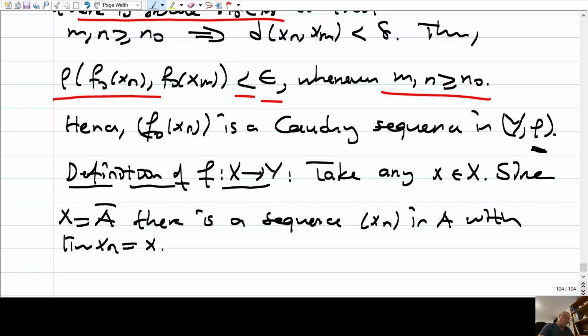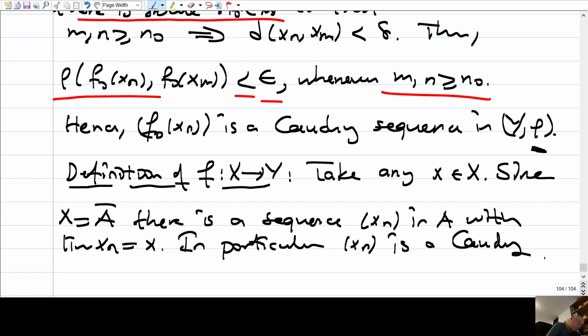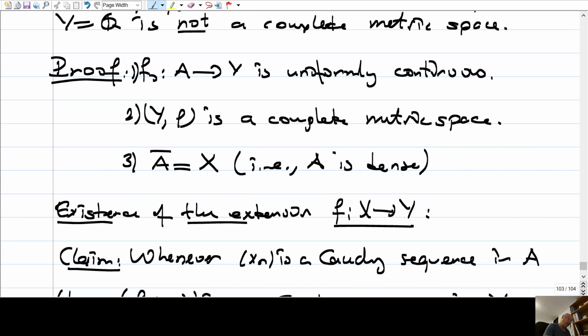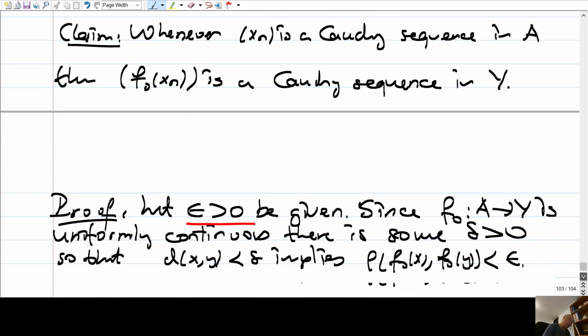So xn is a convergent sequence in X, but it is not convergent in A because the limit point may not belong to A. In any case, it's a Cauchy sequence in X and in A. But we have just seen that if I have a Cauchy sequence in A, then its image is a Cauchy sequence in Y, right? We just proved that.